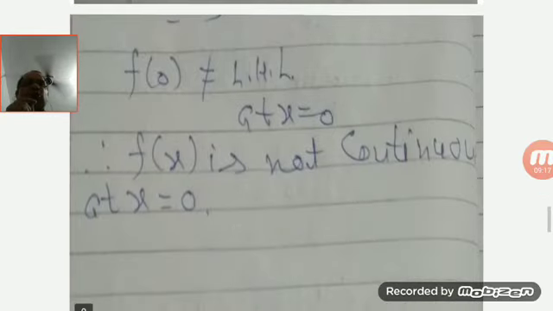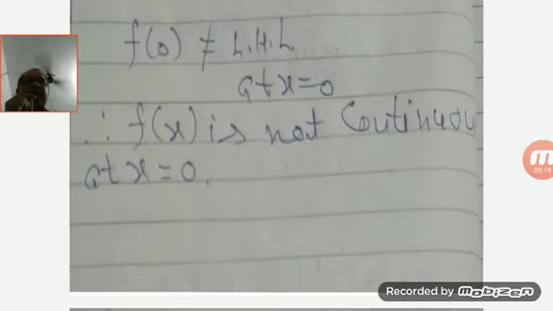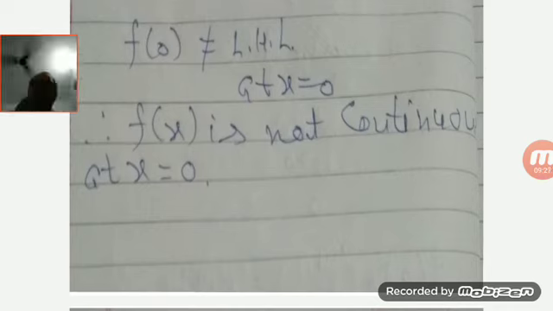So these two values are not equal to each other. So we can say f of 0 is not equal to the left hand limit at x equal to 0. So we can say f of x is not continuous at x equal to 0. Only this much is sufficient. We have no need to find the right hand limit because f of 0 is not equal to the left hand limit.